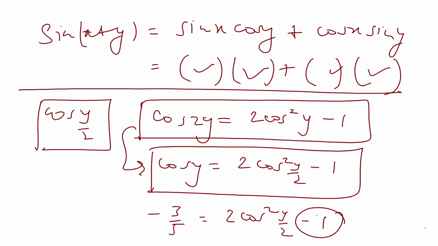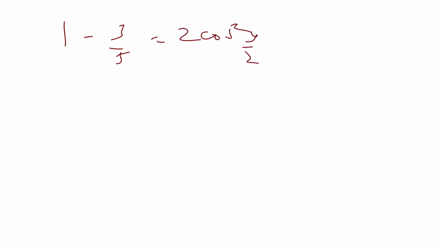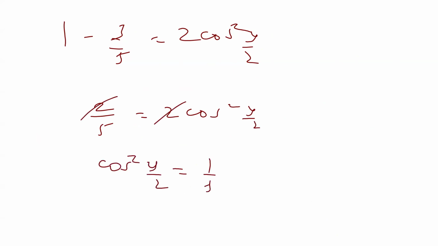So 1 minus 3 by 5 is equal to 2 cos square y by 2. I'll show you the previous slide. See, I've taken this minus 1 over here. So this will be 5 minus 3, which is 2 by 5. 2 cos square y by 2. 2 is getting cancelled. So cos square y by 2 is equal to 1 by 5. So cos y by 2 is equal to square root of 1 by 5. Okay. So I think that is the answer.